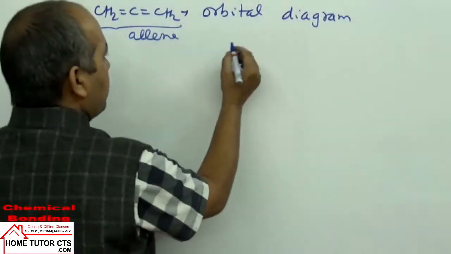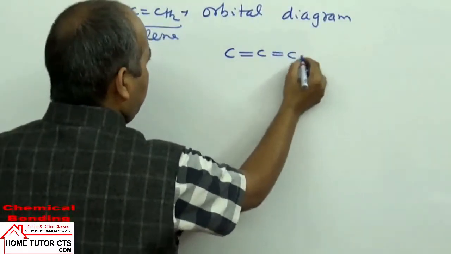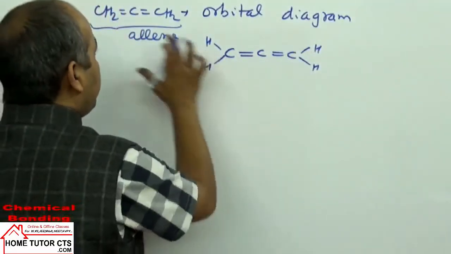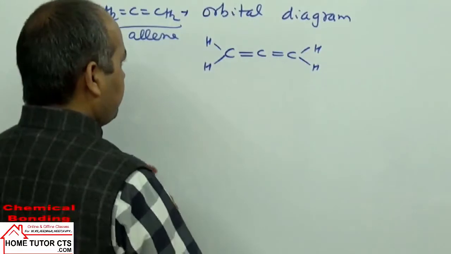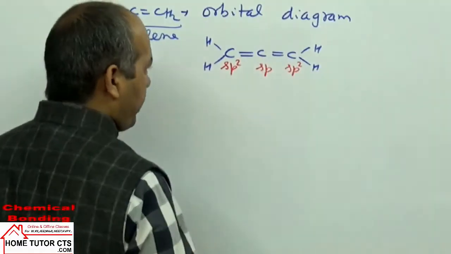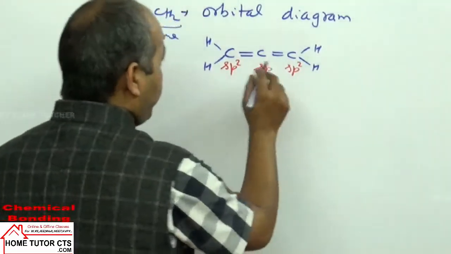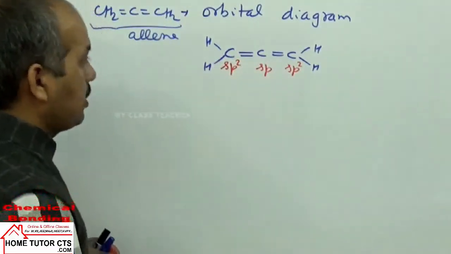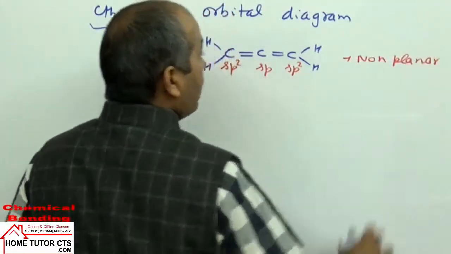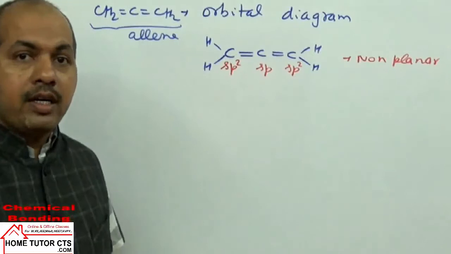If you take structure-wise, carbon hybridization-wise, if I draw one simple diagram first here, this carbon atom is sp2 hybridized, this carbon is sp hybridized, this carbon is again sp2 hybridized, and when we see the overlapping of orbitals, this molecule becomes non-planar.